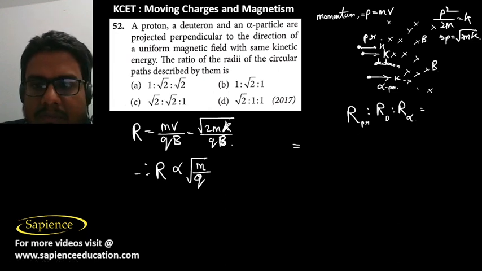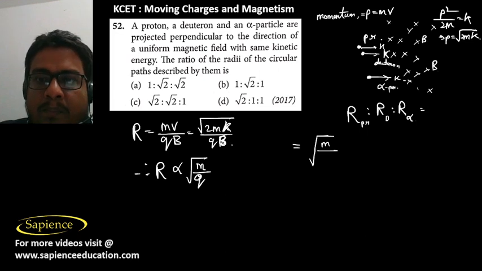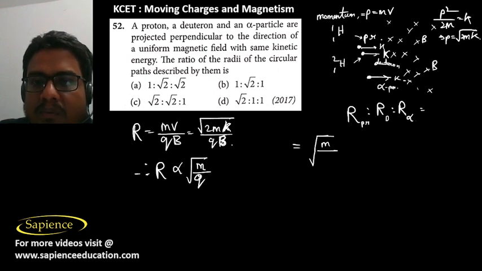For the proton, the mass is suppose m. Proton means H11, deuteron means H12, and alpha particle means He24, a helium nucleus.